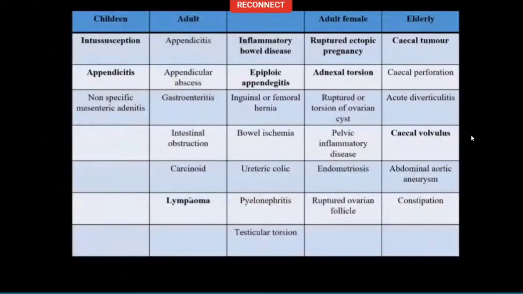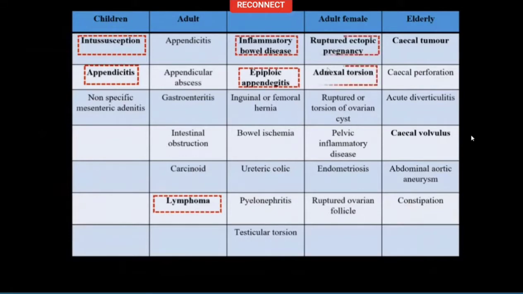So going to the age-dependent criteria, I have classified it into pediatric age group, adult male and female, and elderly. In children, we will be seeing cases of intussusception and appendicitis. In adults, we will go through lymphoma, inflammatory bowel disease, epiploic appendicitis.